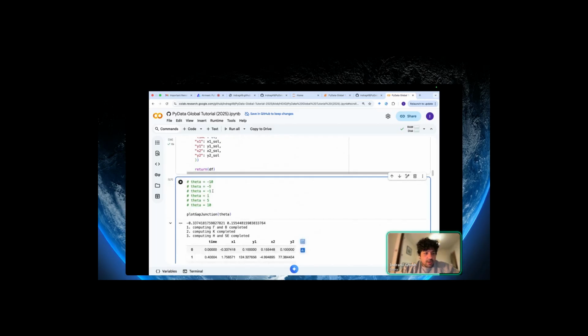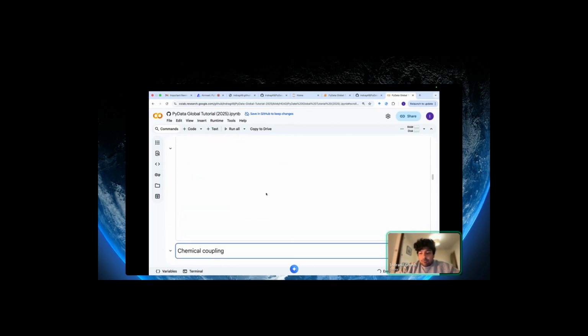Let's try with another coupling strength here. Instead of minus 10, we can try a very weak coupling strength, let's say 1, which is close to 0, and let's see how it behaves. We run it again. Need to just wait for 2 minutes.